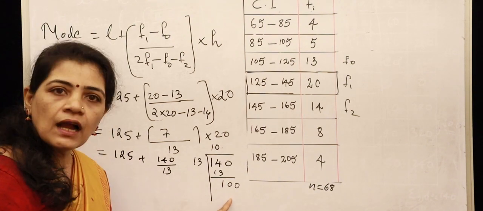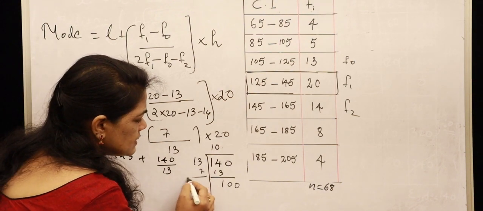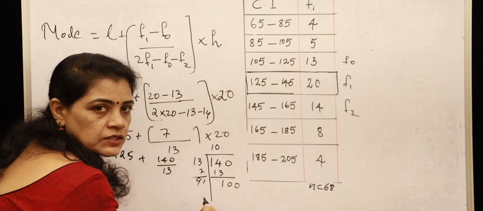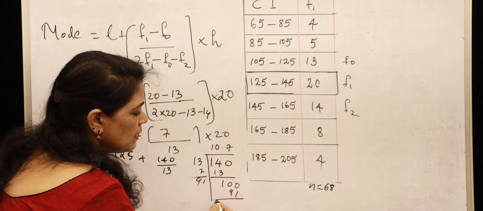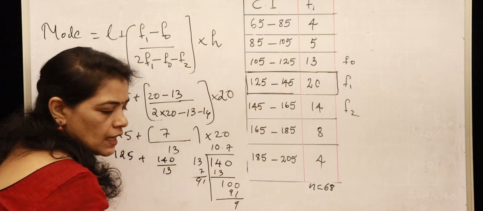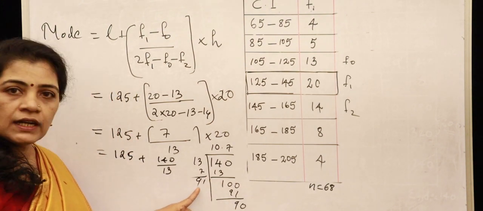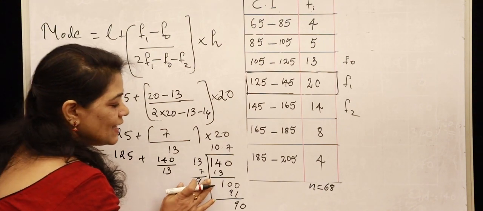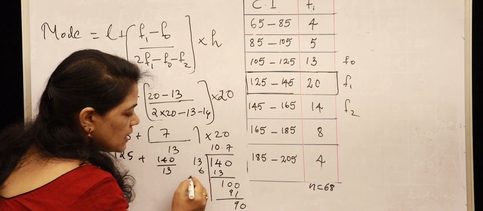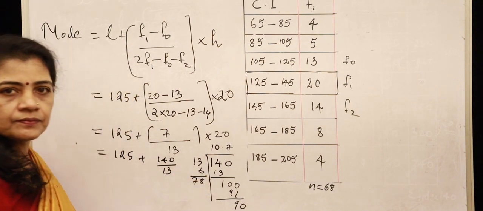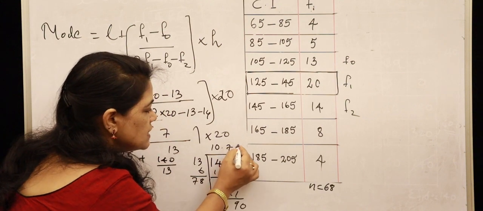So 13 in 100. Can we take 7? 13 sevens are 91, right? So 7 times, that is 91, remainder 9, and in 90, 13 in 90, 7 times is 91, so definitely you can take 6. 6 times 13 is 78.